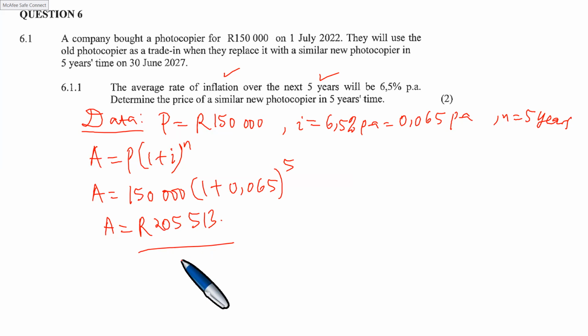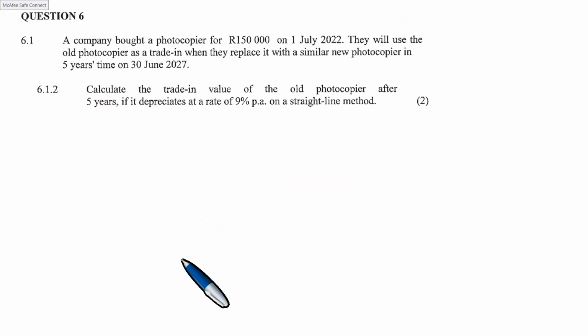Okay, let's look at the next question. The next question is very interesting. It's just more finance as well. We have been given the same story about the fact that a company bought a photocopier for 150,000 on 1 July 2022.